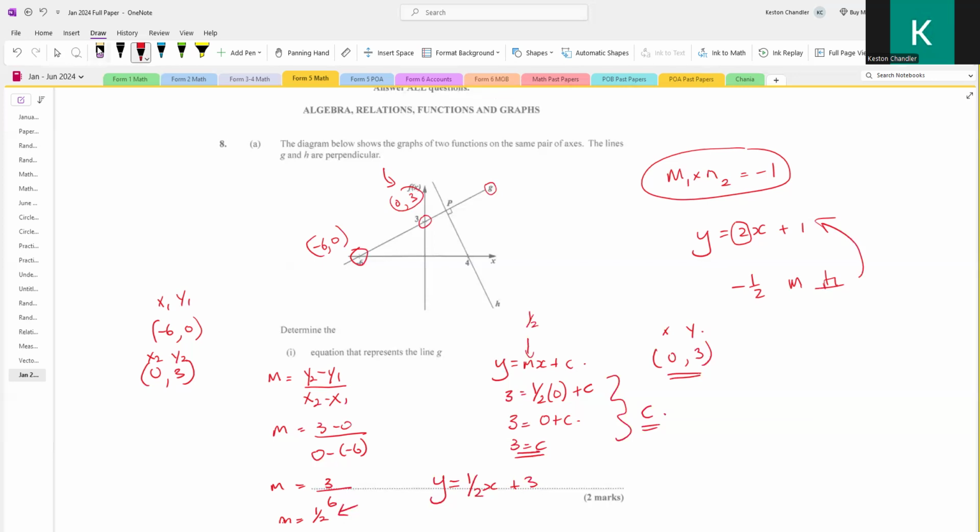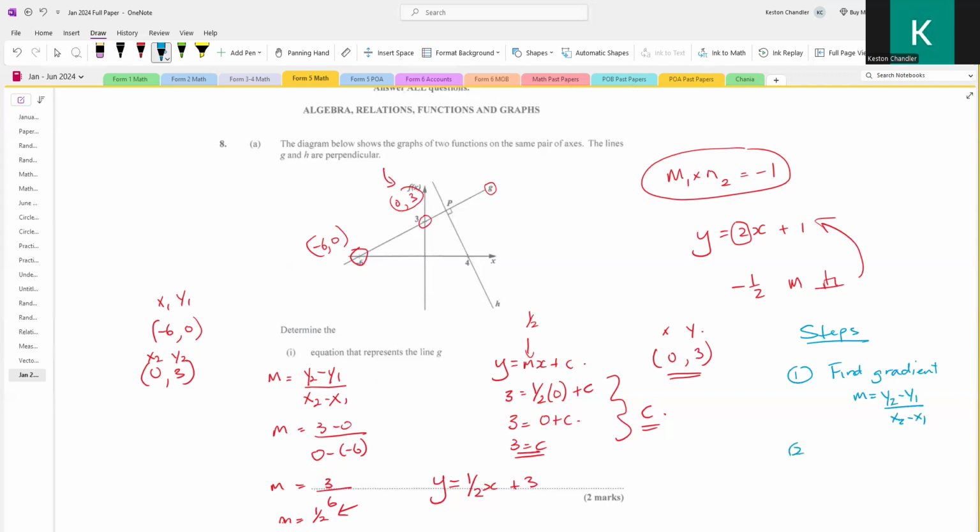So my steps when I'm finding the equation of the line: for step 1, we need to find the gradient. Gradient is y2 minus y1 over x2 minus x1.